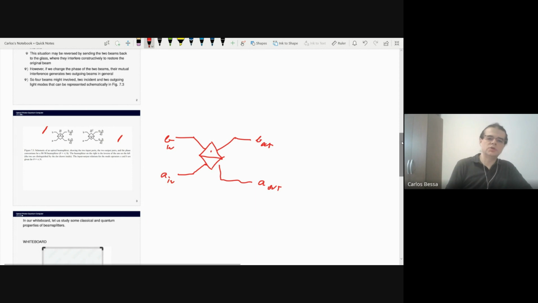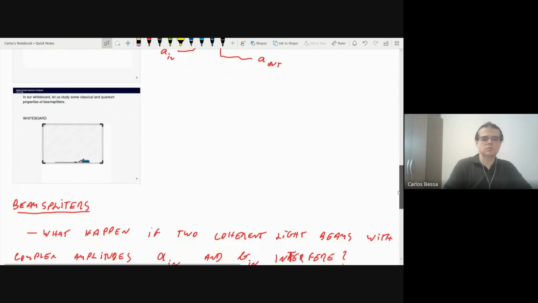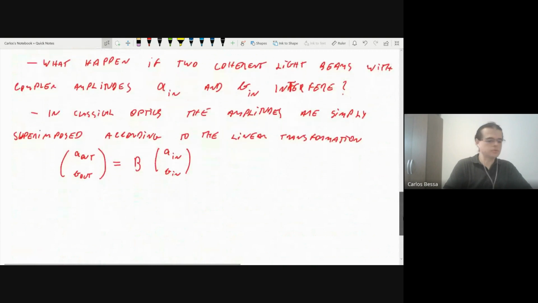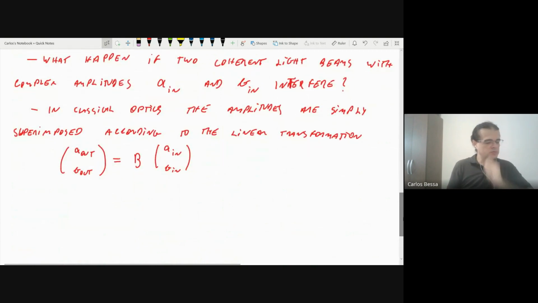And here is the transformation that I'm calling capital B. So this capital B is described by the matrix.